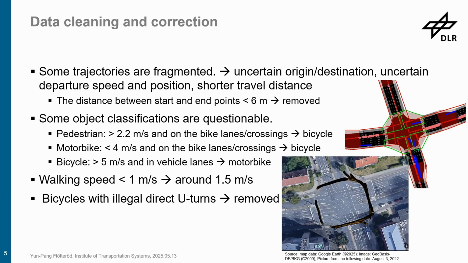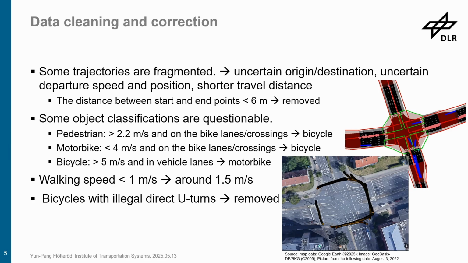We also observed some very slow walking speeds, less than 1 meter per second, so we adjusted them to fall into a normal range, around 1.5 meters per second.